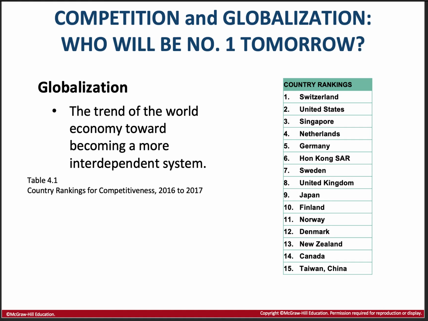Looking at this table here, we see that we're talking about globalization, and this is the trend of our world economy towards becoming more interdependent. So countries can stand on their own, but they also lean on each other.